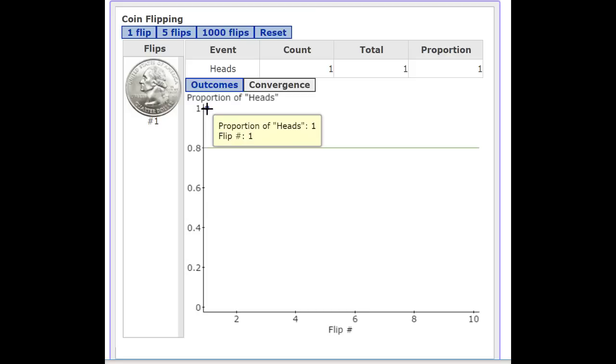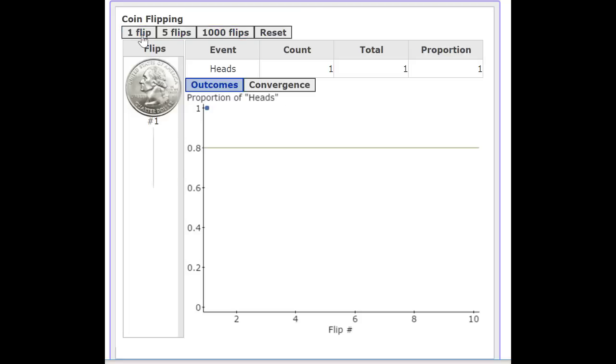If we were just going to use this as our best guess for the probability of flipping heads with this coin, we would say 100%. But it is a very low chance that you're accurate because you've only flipped it once. Remember, the law of large numbers tells us that we have to do this many, many times because eventually the cumulative proportion is going to approximate the true probability of landing on heads.